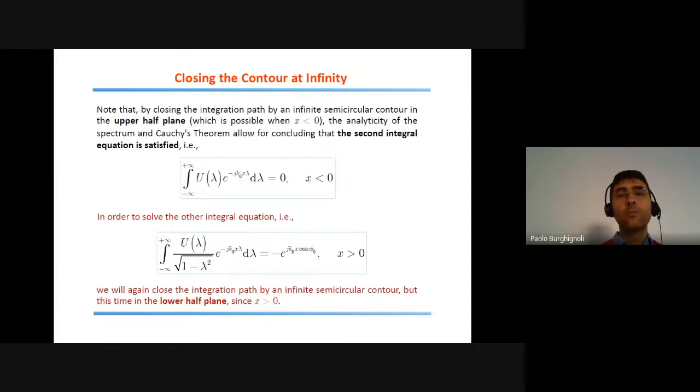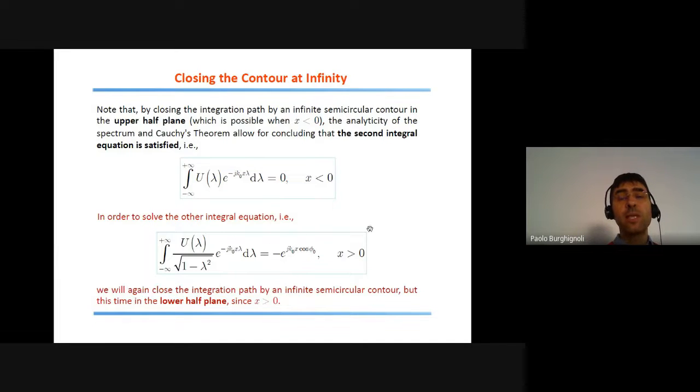In order to obtain a non-zero value, because now the right-hand side is different from 0, we have an exponential function. So we wish that closing the integration path at infinity in the lower half plane, the result of integrating along the closed contour must be the right-hand side, that is an exponential function.